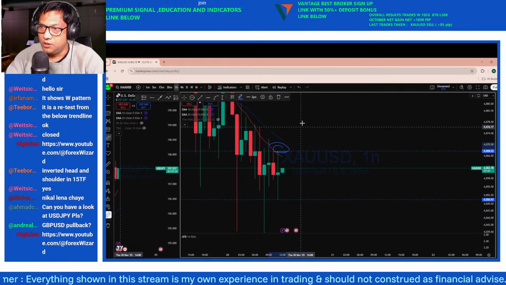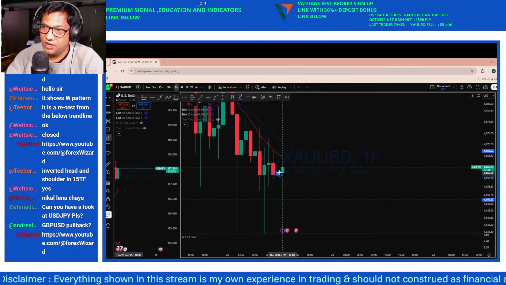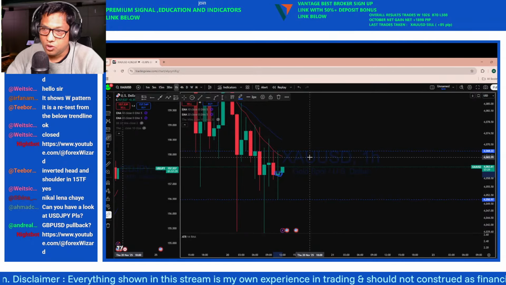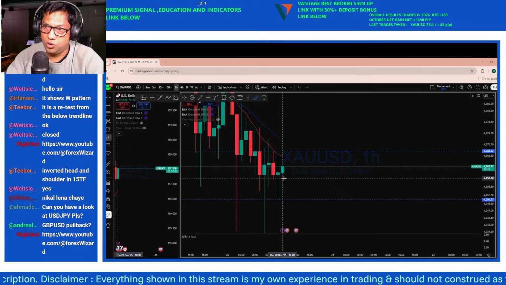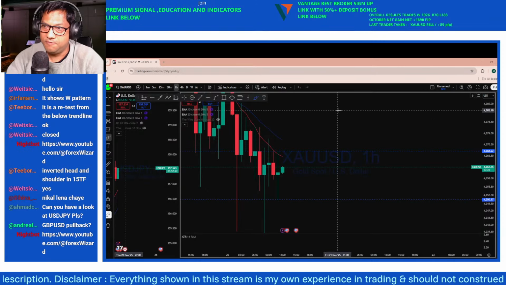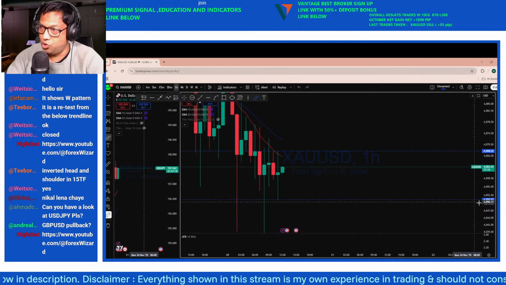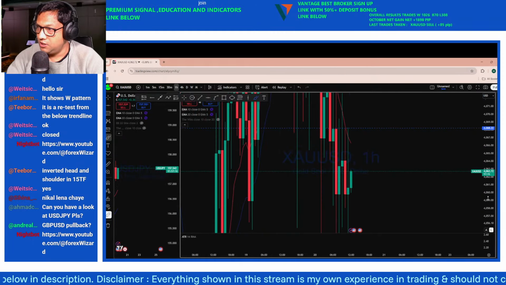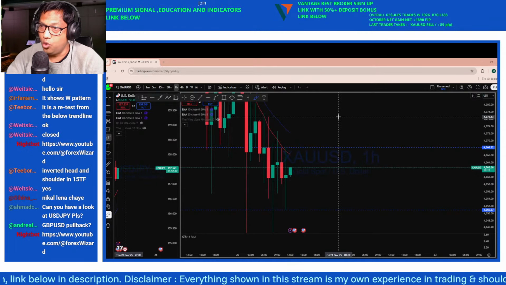So it creates a very narrow green doji, and the market might find it as a support to bounce back to the upside. But at the same time, it still can break below here, because there are quite a few long wicks.